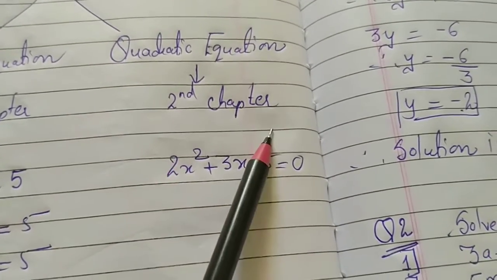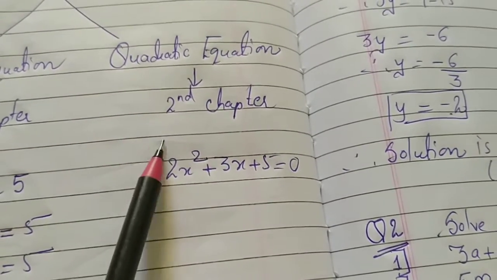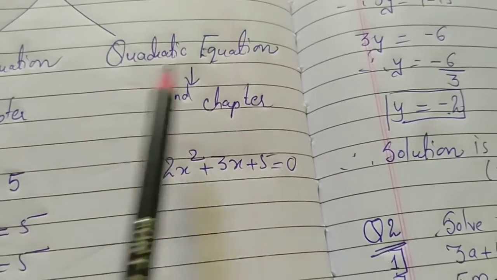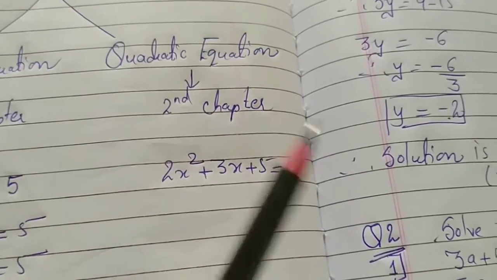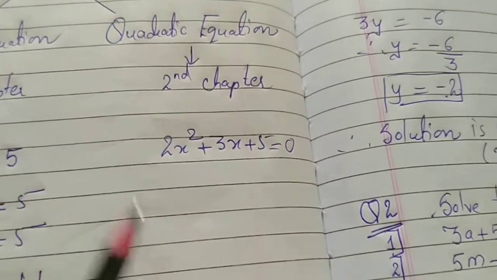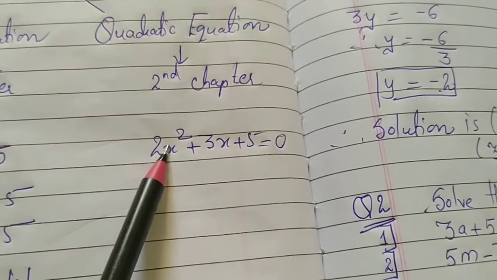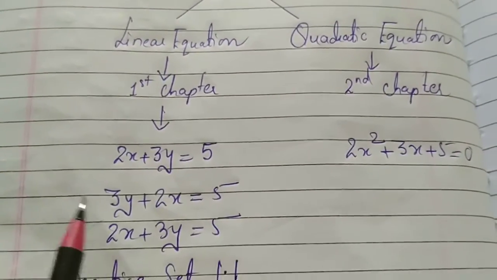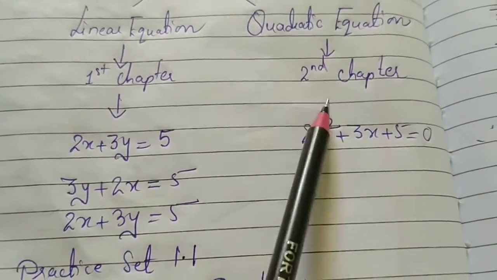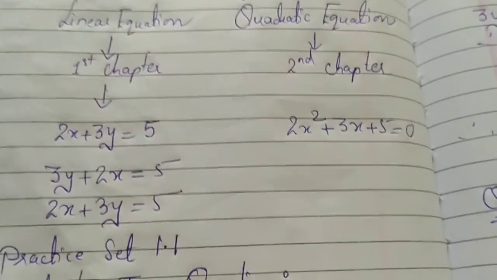It should not be more than 2 and it should not be less than 2. If it is more than 2, then it will not be a quadratic equation, and if it is less than 2, then again it will not be a quadratic equation. So for a quadratic equation it's necessary that the degree should be 2, and for a linear equation the degree is 1. Quadratic equation we will do in the second chapter in detail.